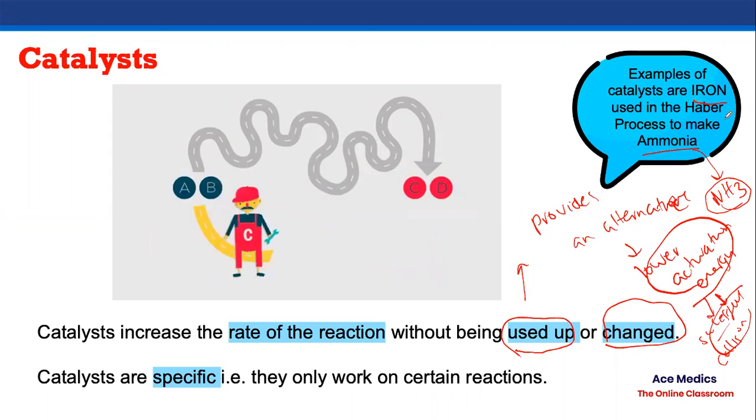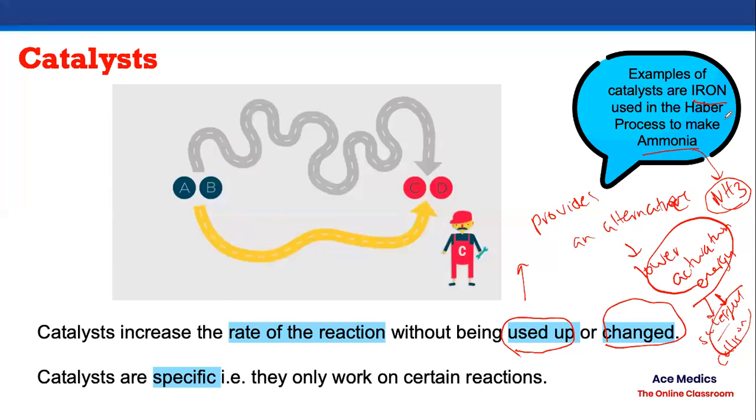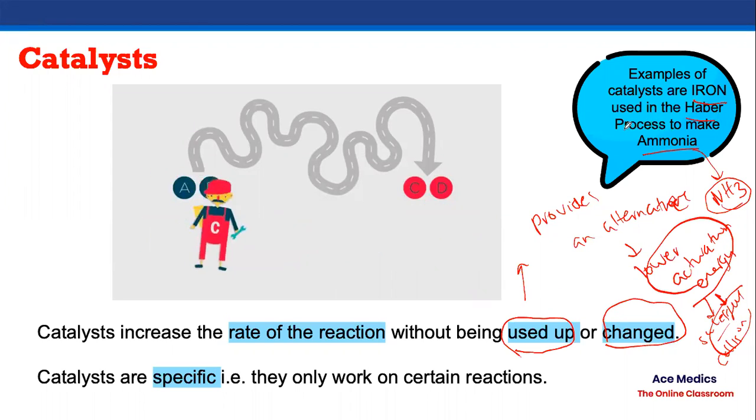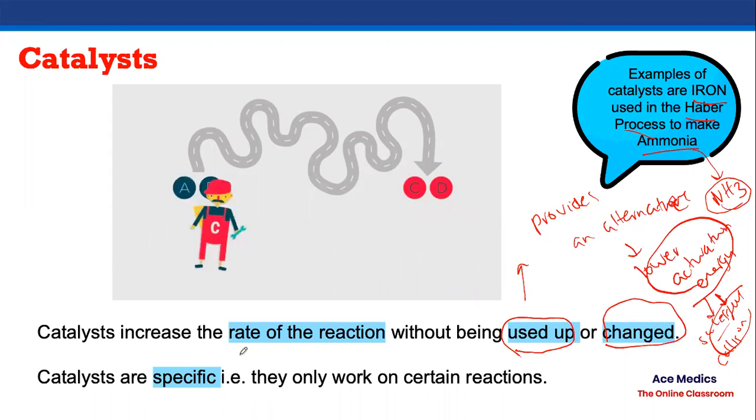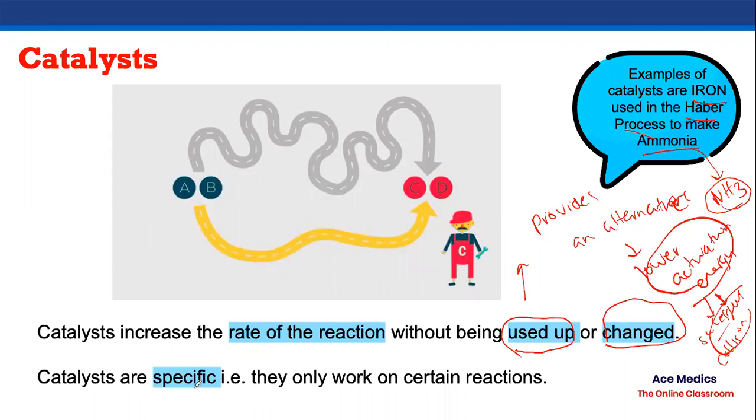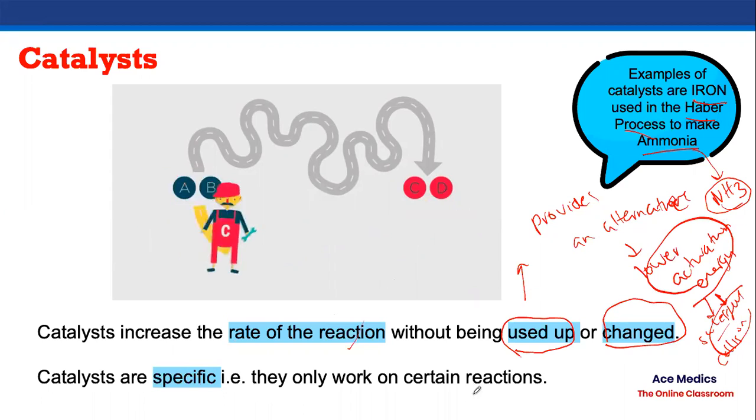So you react nitrogen and hydrogen, you add iron, and it makes the process way quicker. That process is called the Haber process, which you don't need to know too much detail about now, but you might when you get to GCSE or A-level. And that is catalyst.